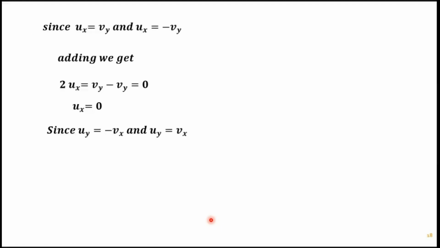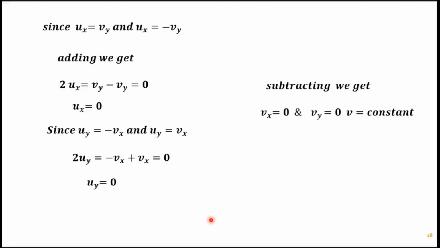ux is equal to 0, 2uy is also equal to 0, and if we subtract, I will get vx equal to 0, vy equal to 0. So v is equal to a constant. Actually, u is also equal to a constant, right? ux 0, uy 0, so u is also a constant.